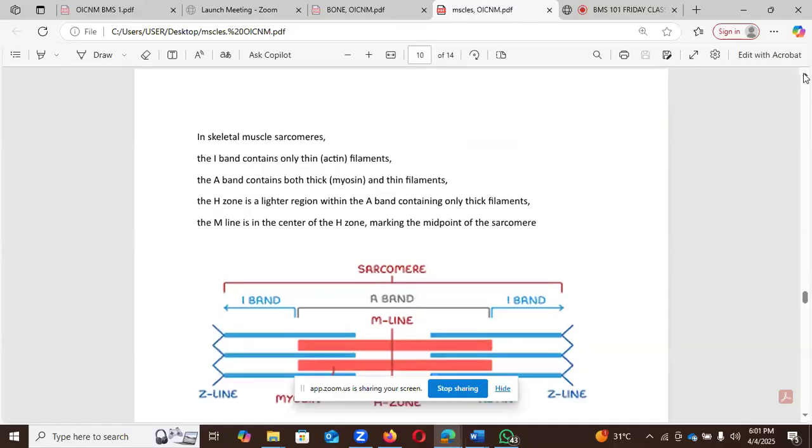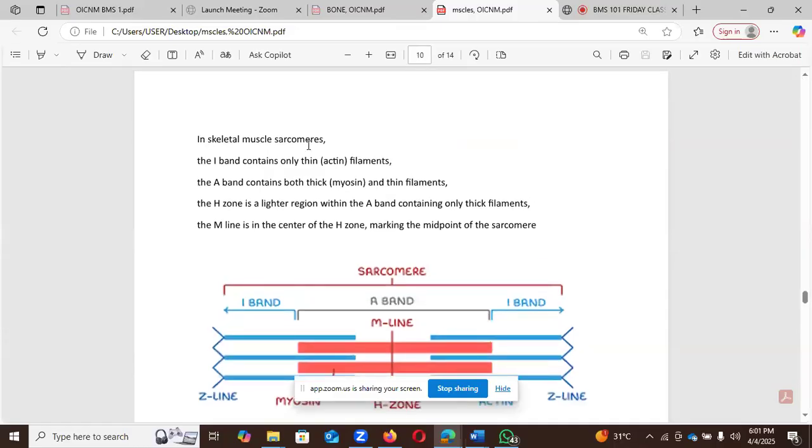Now, in a skeletal muscle, a sarcomere is the functional unit of a myofibril. You have the I band, and the I band is the thin actin filament. The A band is the thick myosin filament.